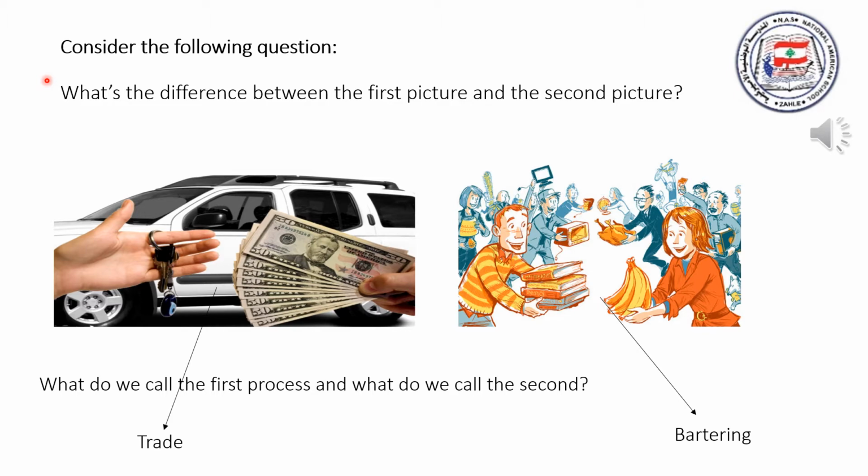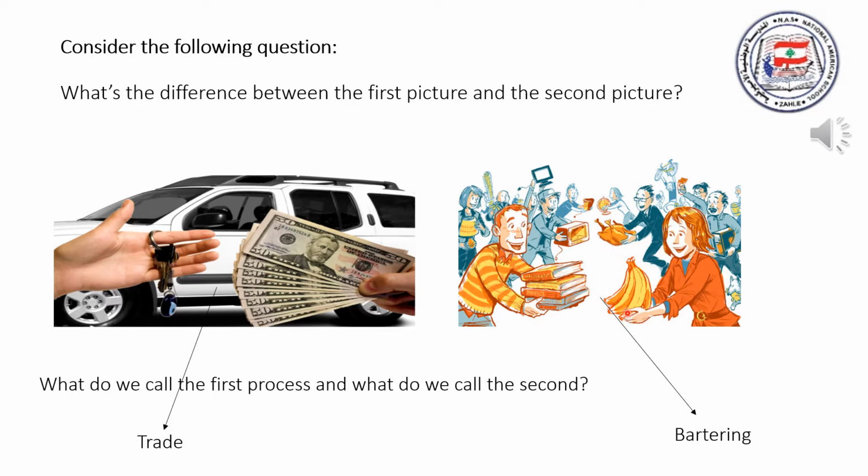What's the difference between the first picture and the second picture? In the first picture, a man is giving money to another man in order to buy a new car. So I give you the price of the car and you give me the keys of my new car. In the second picture, a guy is offering some books to a lady who is offering him back some bananas.